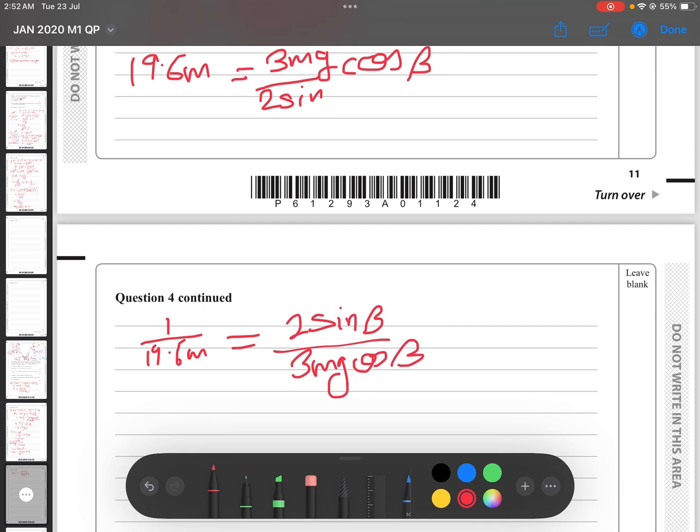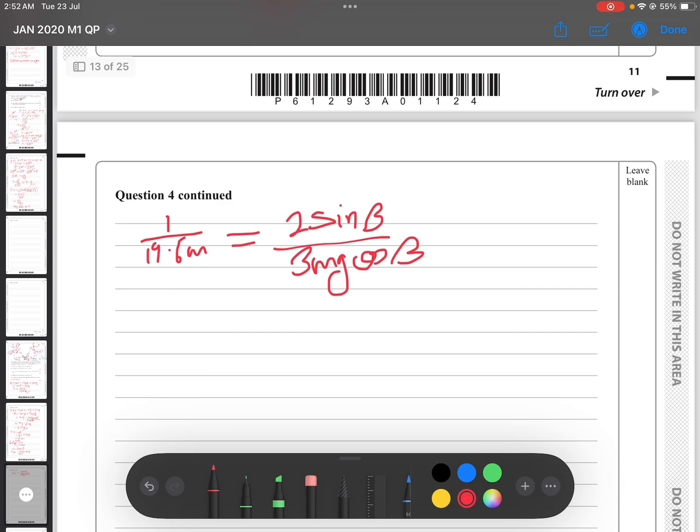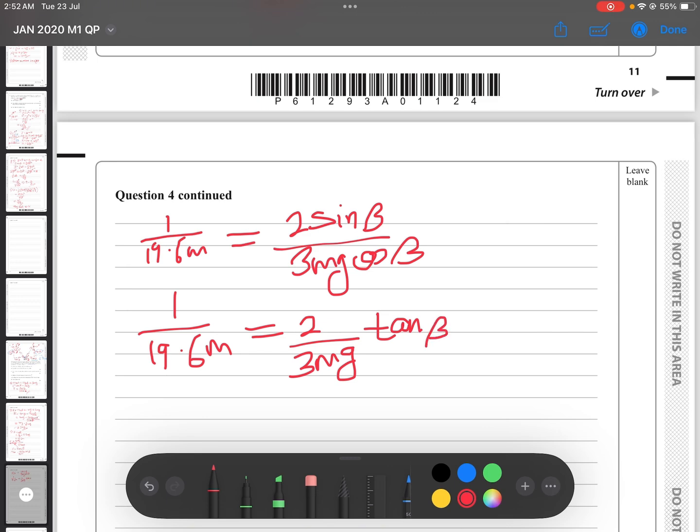So this becomes 1 over 19.6 m equals 2 by 3 mg tan beta, since sin by cos is tan.